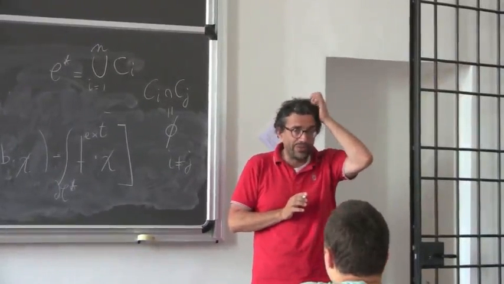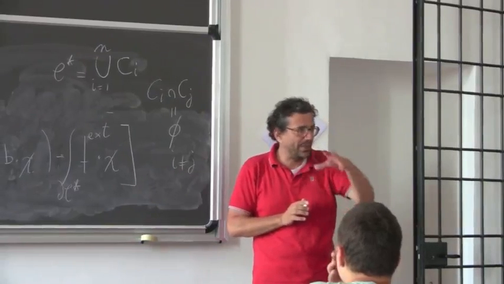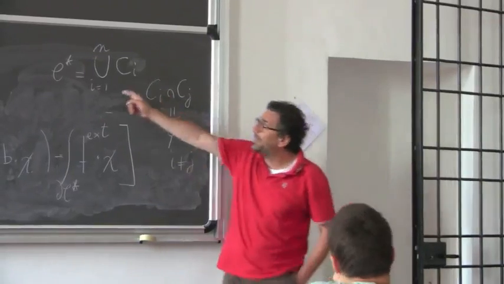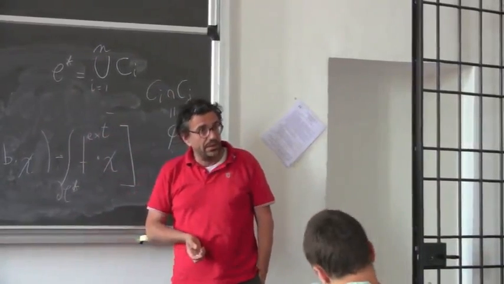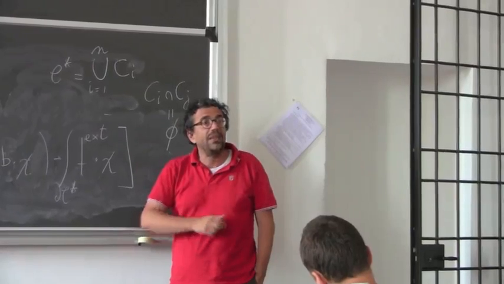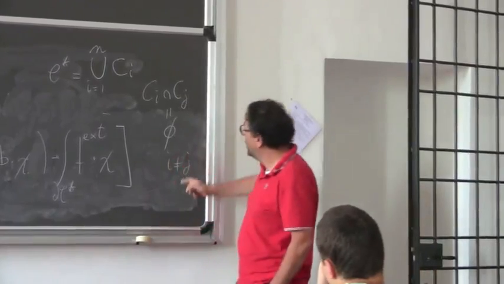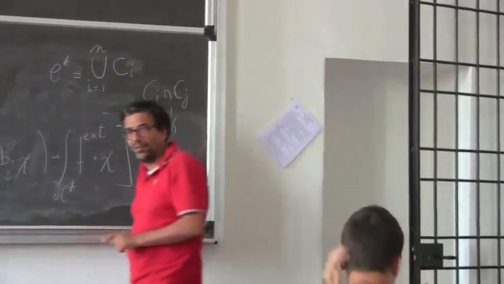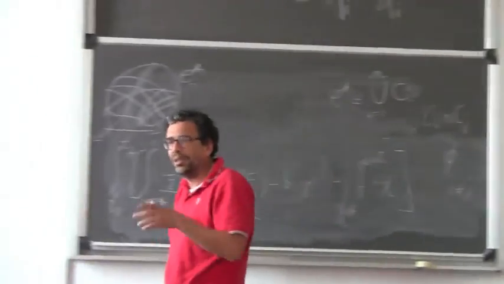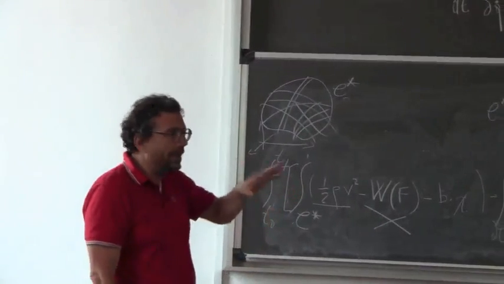So you have a given family of subsets of C star, and the union of these subsets gives you C star, and the intersection of every pair of these subsets is empty. Okay? This is what is called a partition.